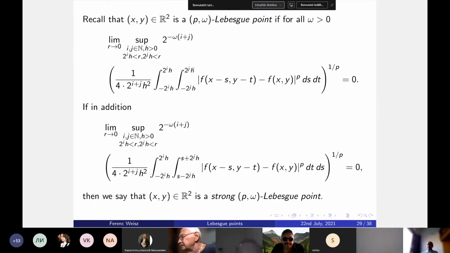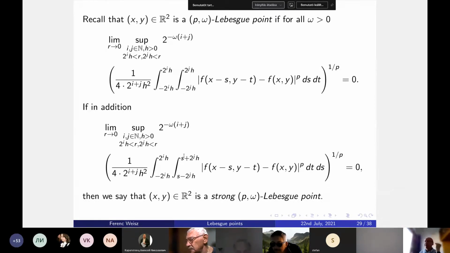This was the definition of the p-omega Lebesgue points. If in addition this limit is also equal to 0, then we say that (x, y) is a strong p-omega Lebesgue point. What is the difference? The difference is that here we integrate over a rhombus, not over rectangles, over a rhombus or over a parallelogram.